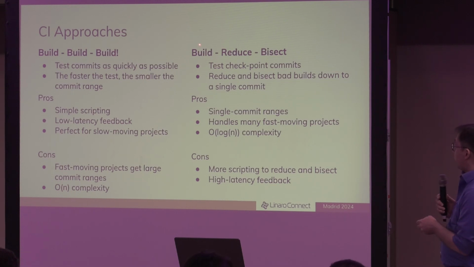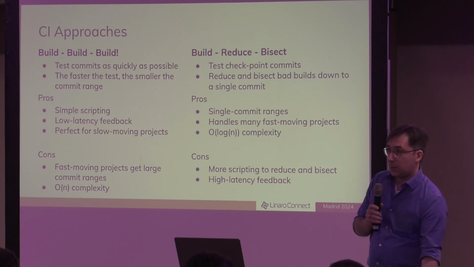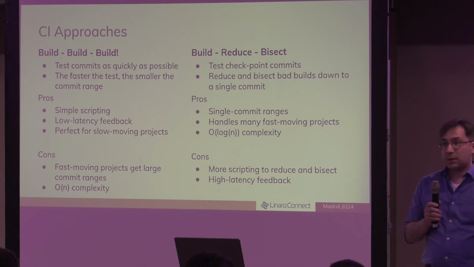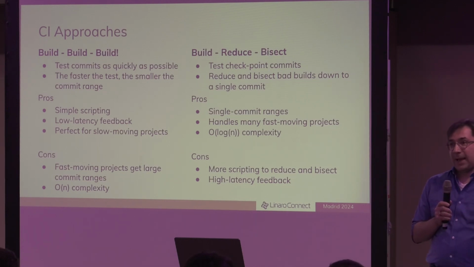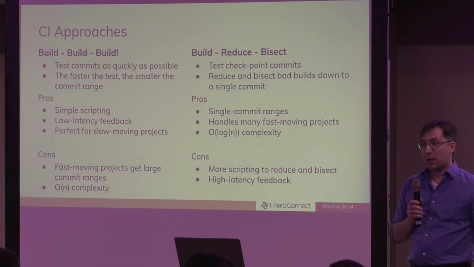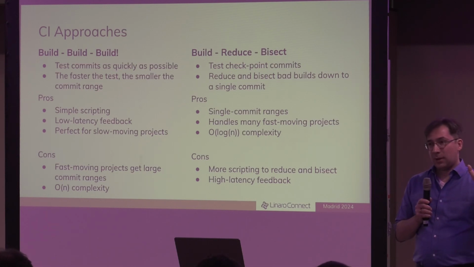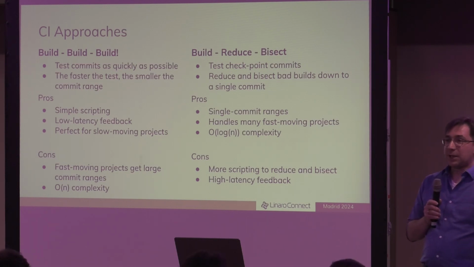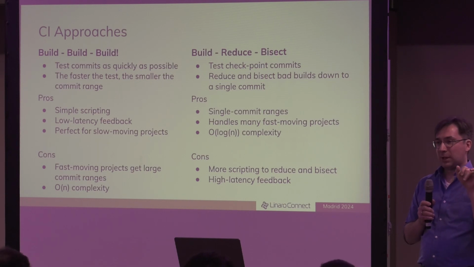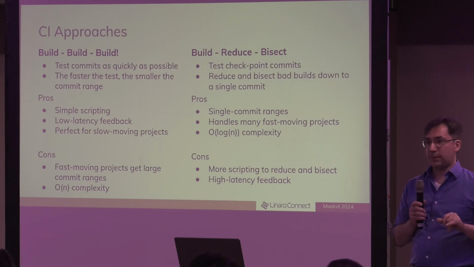In the second approach, our goal is to build at the pace that we can manage, so maybe 1 build per day or 1 build per week. But if we detect a problem, we need the ability to start bisecting and narrow the problem down to the single commit.